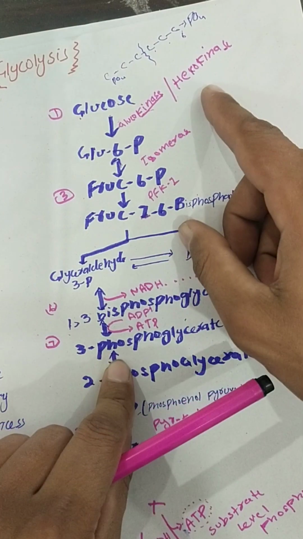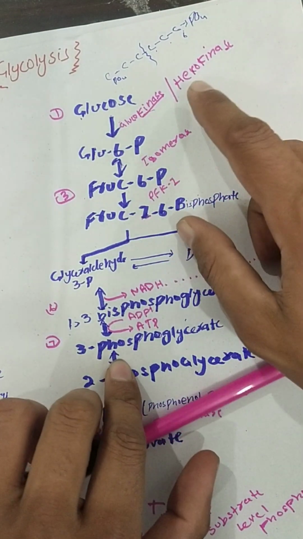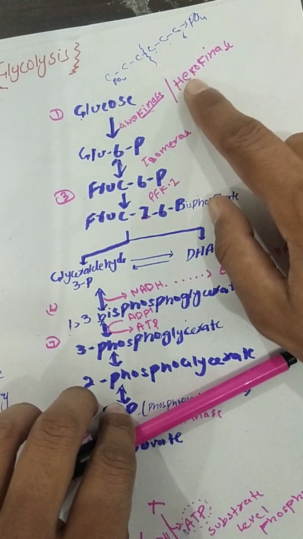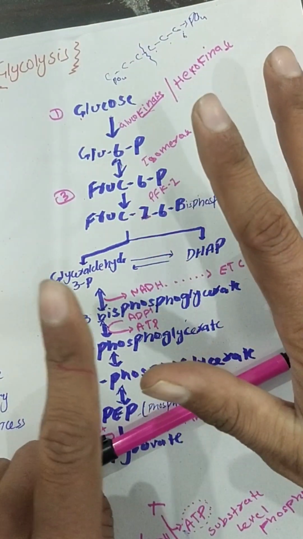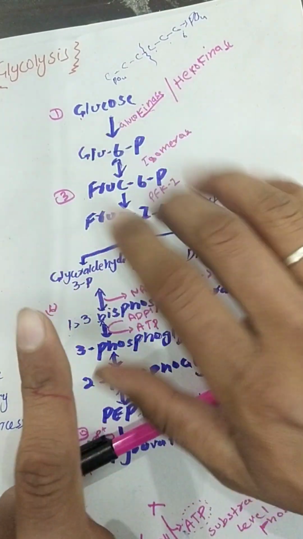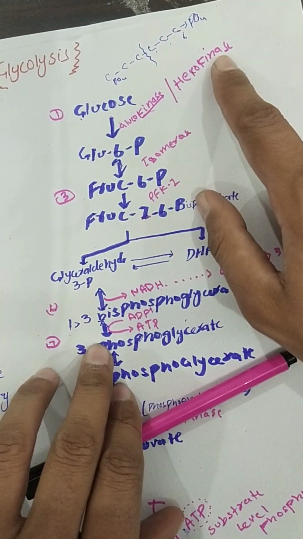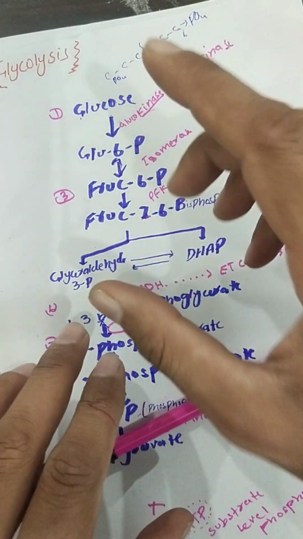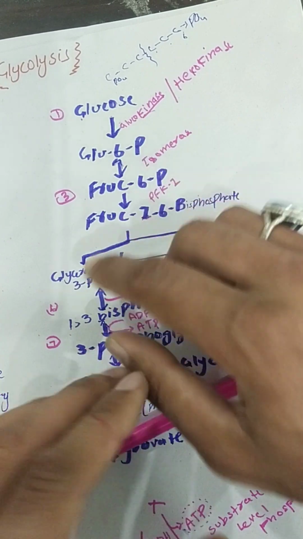I told you, kinase is an enzyme which phosphorylates any substrate, and hexo means it causes the phosphorylation of a 6 carbon compound. So that is the reason it is called hexokinase. And glucokinase is an enzyme which causes phosphorylation of glucose.